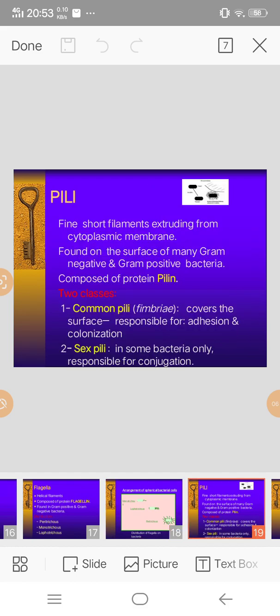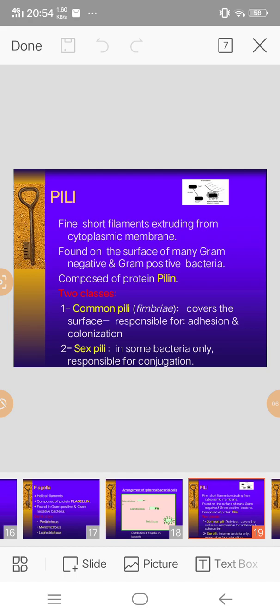Pili are also outward protruding structures of the bacterial cell, fine short filaments extruding from the cytoplasmic membrane, found on the surface of many gram-negative and gram-positive bacteria. Pili are composed of a protein called pilin and have two classes. Common pili, called fimbriae, cover the surface and are responsible for adhesion and colonization.